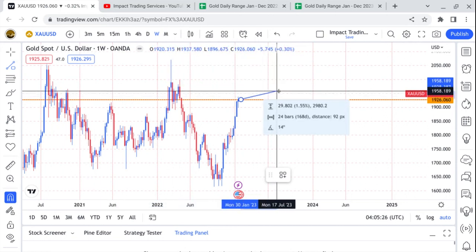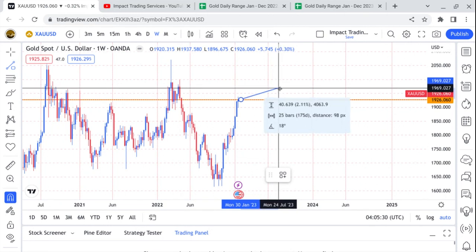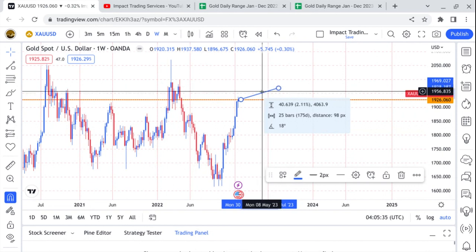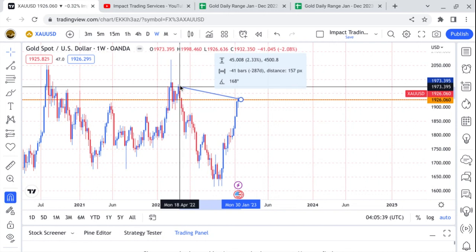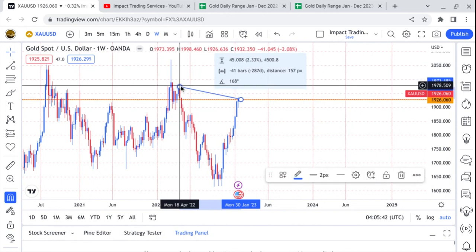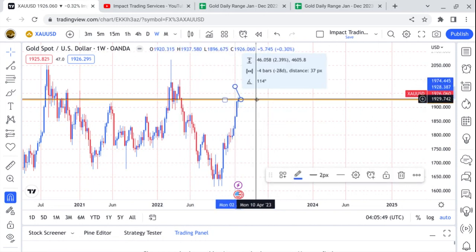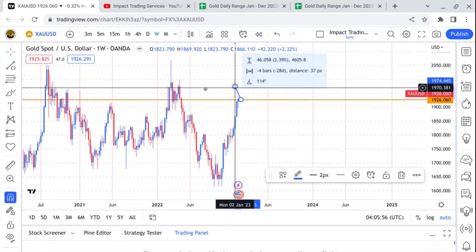So should the day push up into these areas, which we know there's a lot of demand, and then the New York session comes in and we start getting trade confirmation, then we can say, with a degree of predictability, that during the New York session, 14, 15, 1600 hour, we may get a daily high, and then we could place a trade and hold the trade for the rest of the day with a 1,500 pip pullback for the day, because we're entering a supply area.